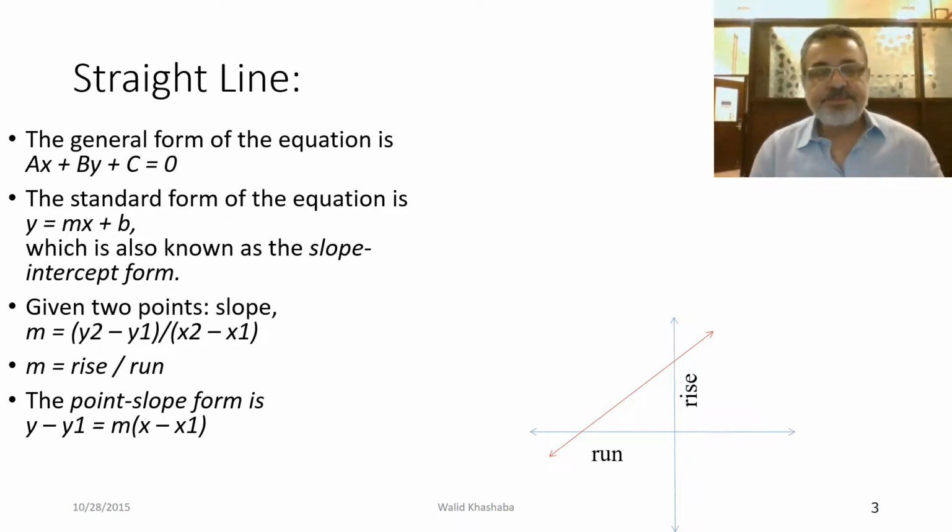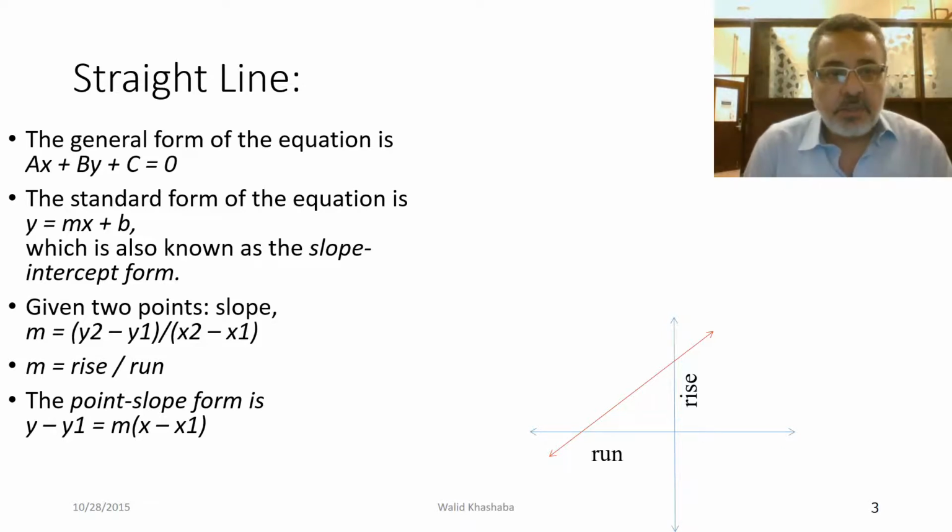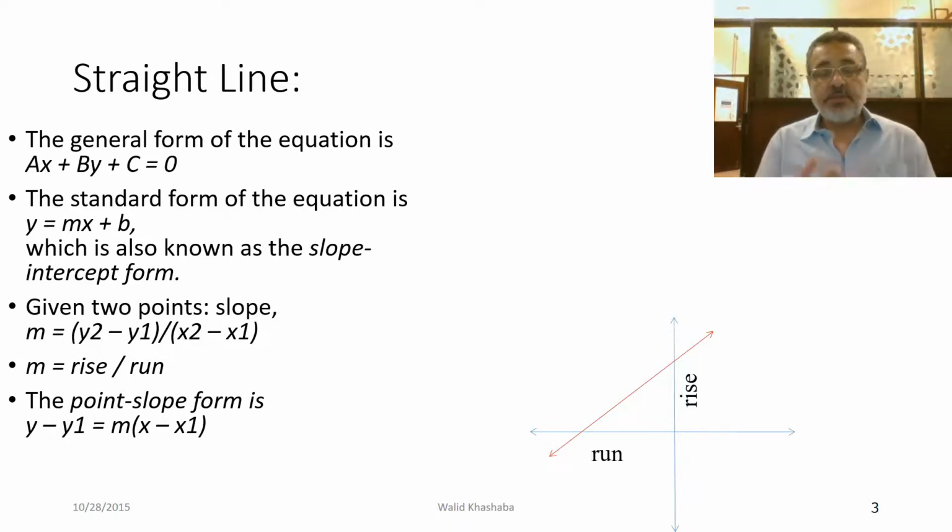They are the same. Well, b here is the y-intercept, or the cut part of the y-axis, which is represented here in the graph with the word rise, this distance from the origin to the point of intersection between the line and the y-axis.